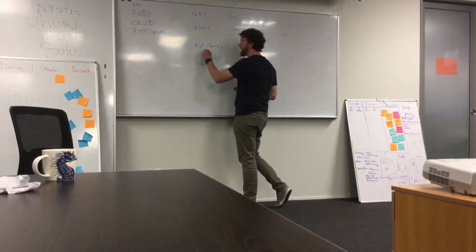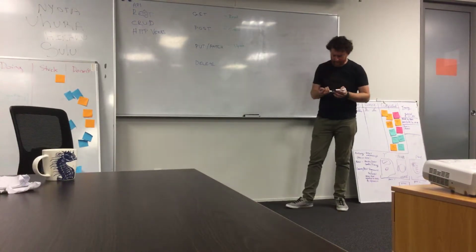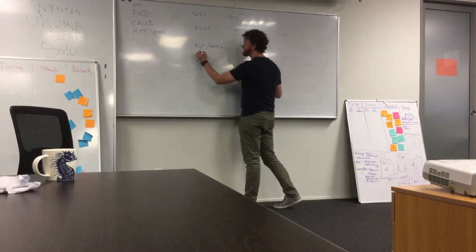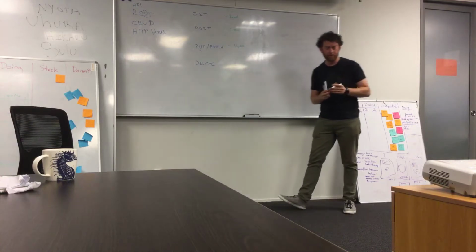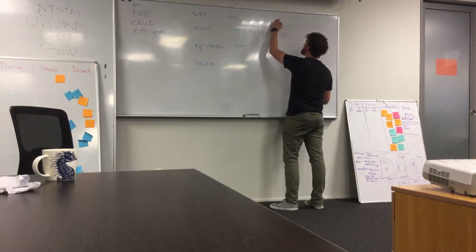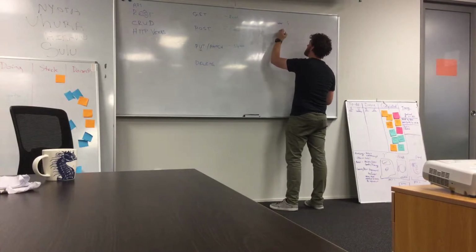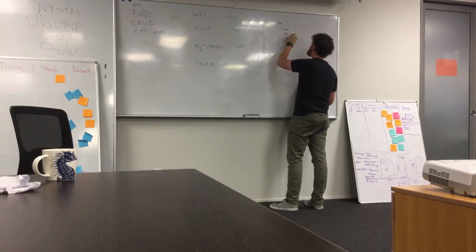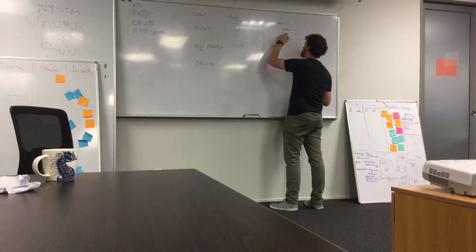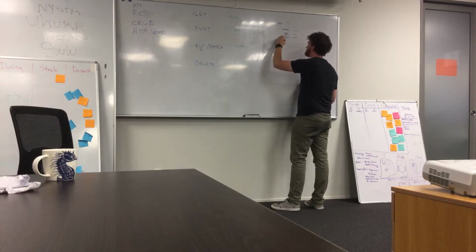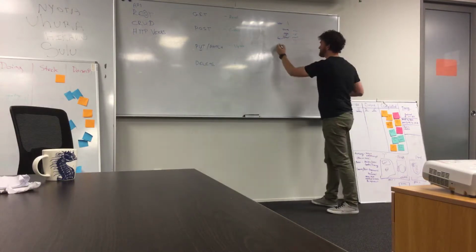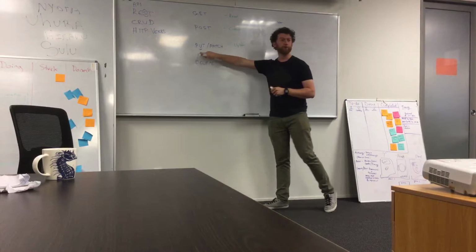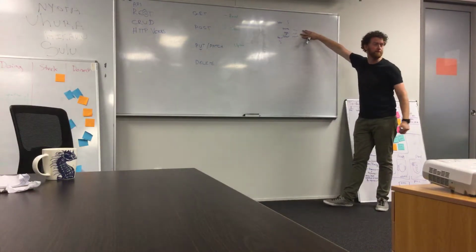This PUT and PATCH is really open to interpretation. Traditionally, REST was set up for updating everything. So if I had a user object with a name, an age, and a favourite colour, and I wanted to run an update using the PUT verb, I would be expected to provide all pieces of information.